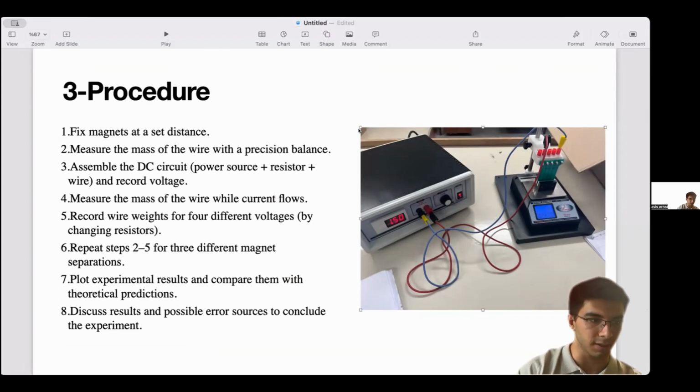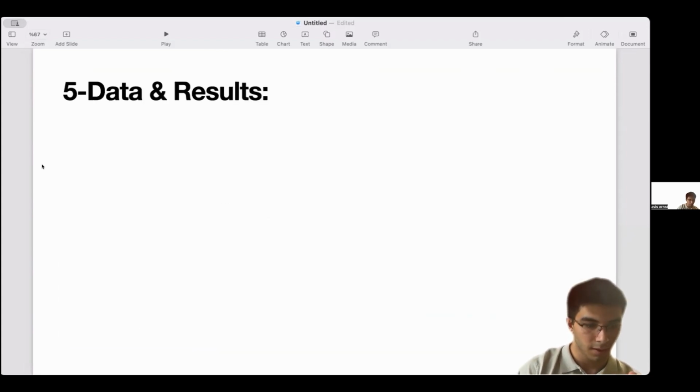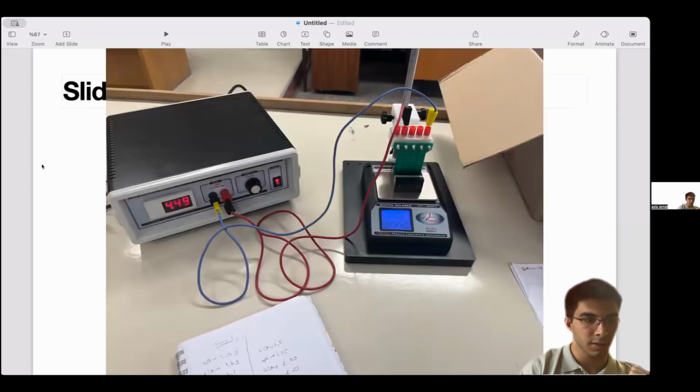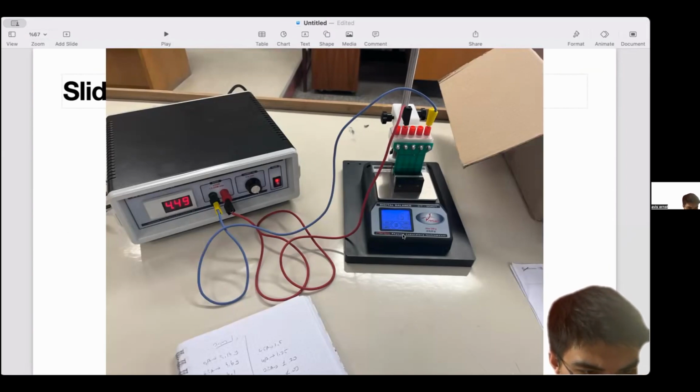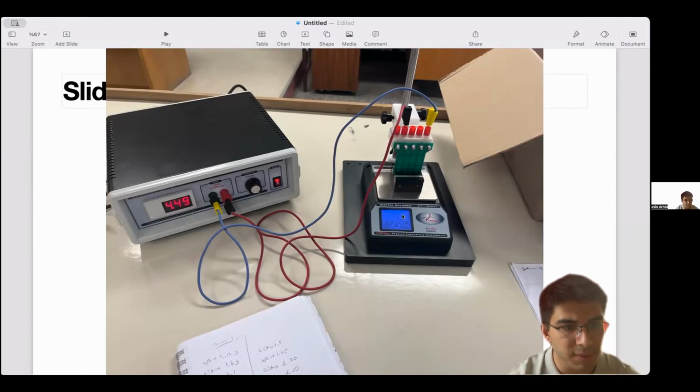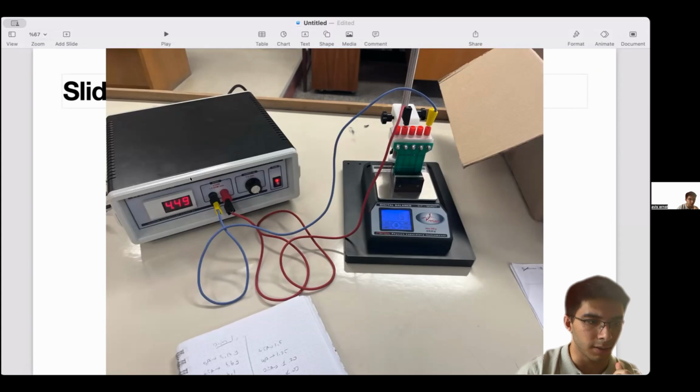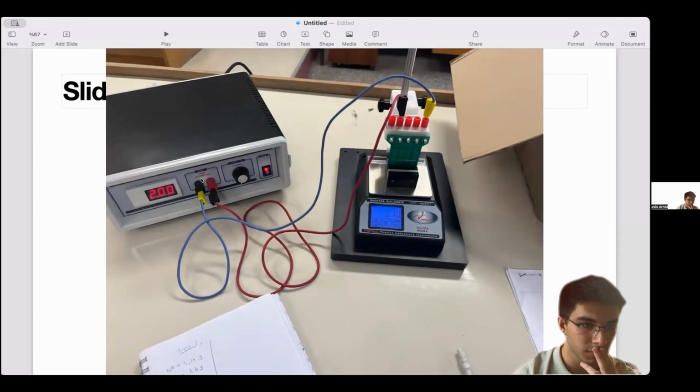After repeating these steps, I get the data and the results. I took photos of some of them. Here you can see I get 1.51 grams for 5 amperes, and here you can see I used the 2.5 centimeter magnets.